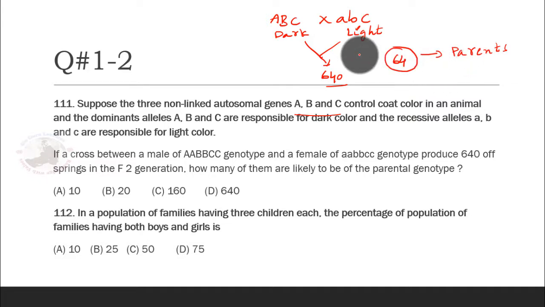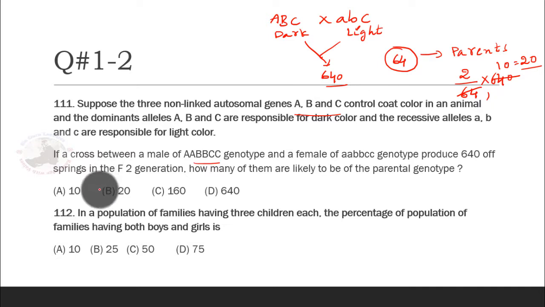We are considering two types of genotypes here. Let us do a small mathematical trick to identify this. When we go with 2 by 64 into 640, 64 ones, 64 tens, which is going to give 20.